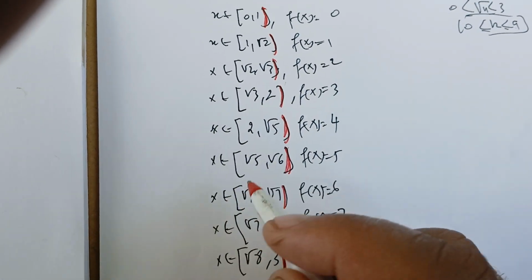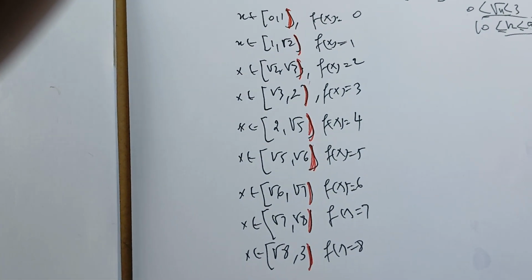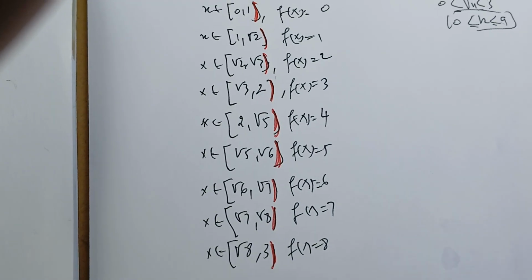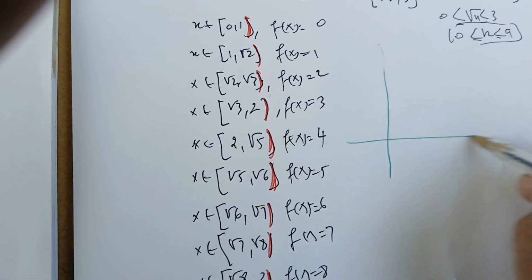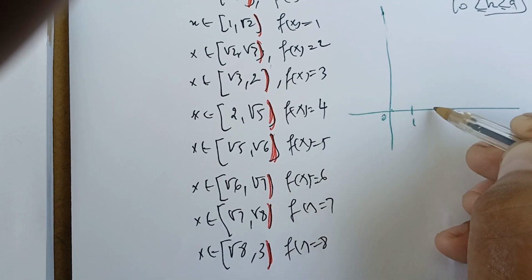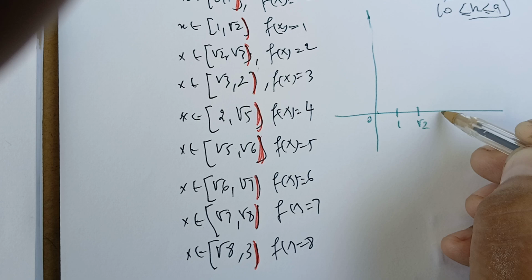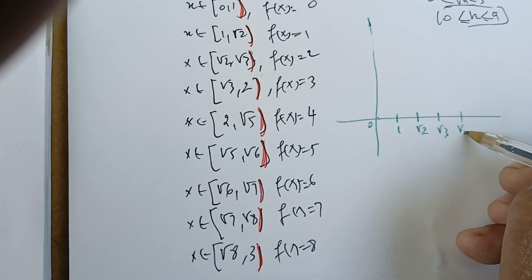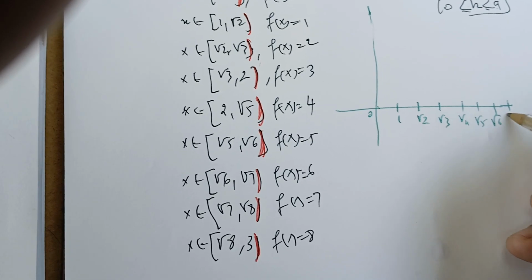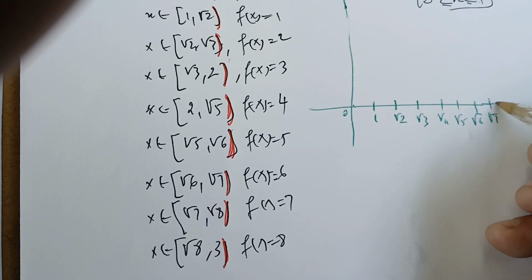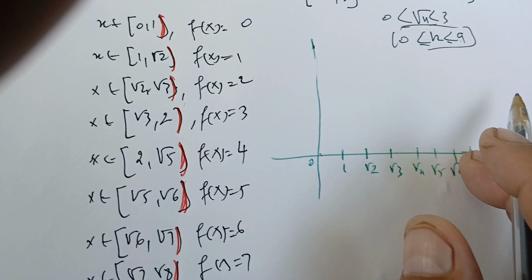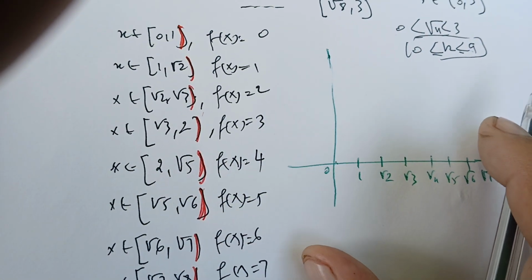Therefore, the integral is going to be the sum of these. Let's make a small drawing of these values here, not to scale. I'm going to assume 0, 1, the square root of 2, the square root of 3, the square root of 5, the square root of 6, 7, 8, and 3. It's just to explain.